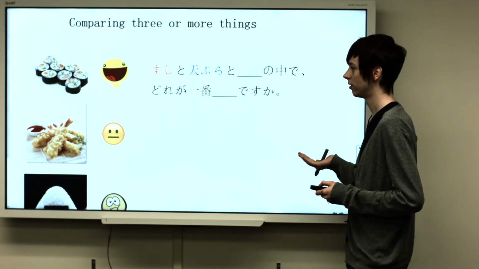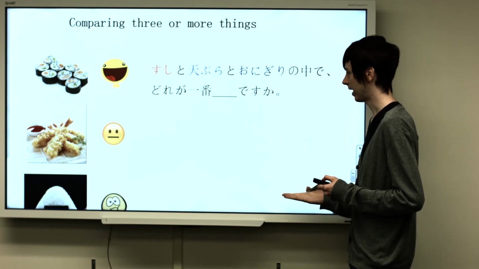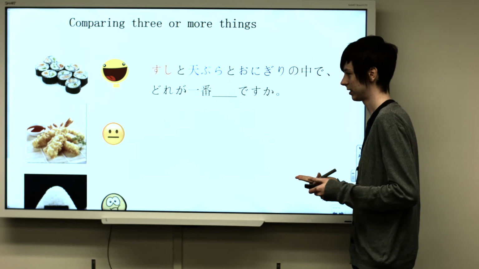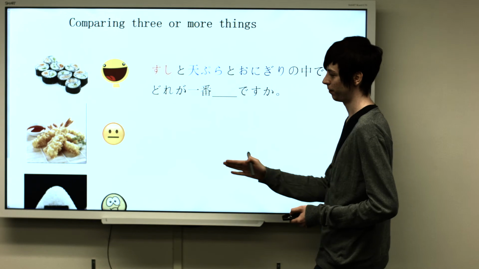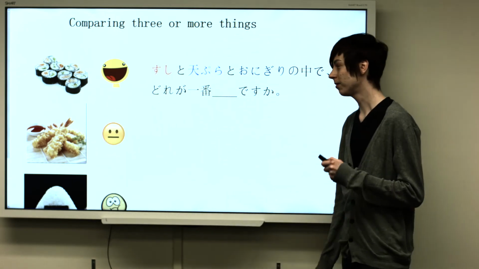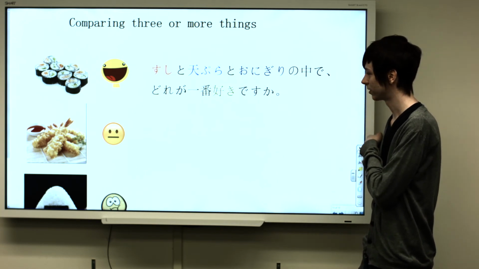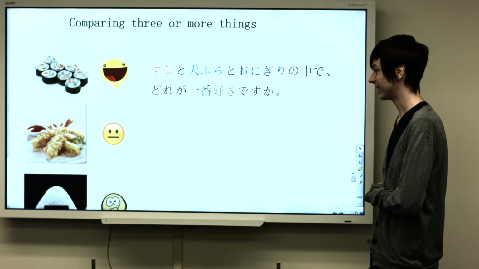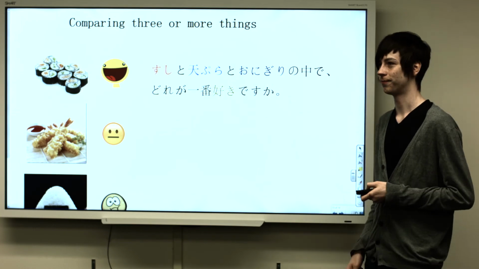Sushi to tempura to onigiri no naka de dore ga ichiban nani desu ka? It seems that it's more of an opinion of how he thinks of it by the looks. So he probably is asking, which one do you think is the most likable? Suki. Dore ga ichiban suki desu ka? Which one do you like the most? Which one is your number 1 liking?